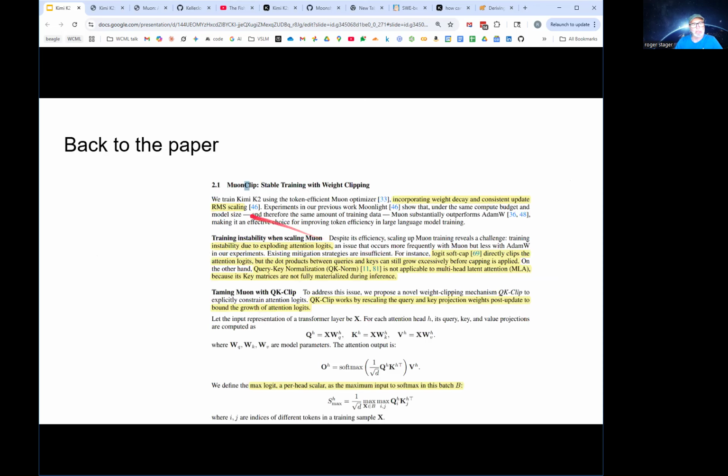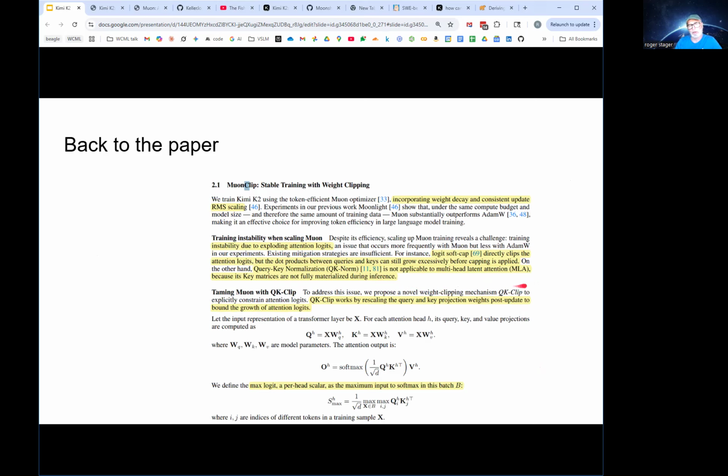Okay, so MuonClip. What they found is that they had this instability with Muon at scale. The original paper didn't go up that far, I think maybe it went up to 1B or something like that, so it hadn't been tested at these larger scales.